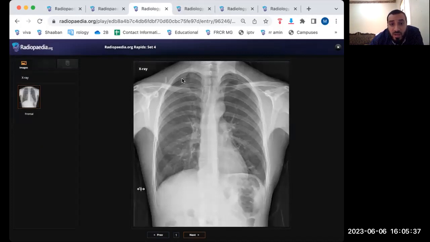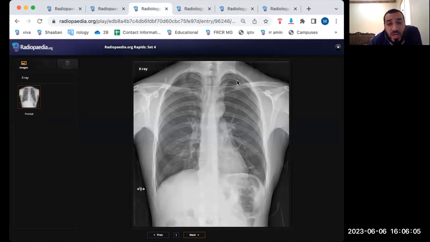Here for the chest, again, we will look for free air, pneumothorax, pneumomediastinum, or pneumoperitoneum. There is a little bit of lucency in both apices. So in your normal routine practice, you should zoom in on the apex to see if there is a visceral pleural line curved at the apex. I think maybe there is one here on the left side.